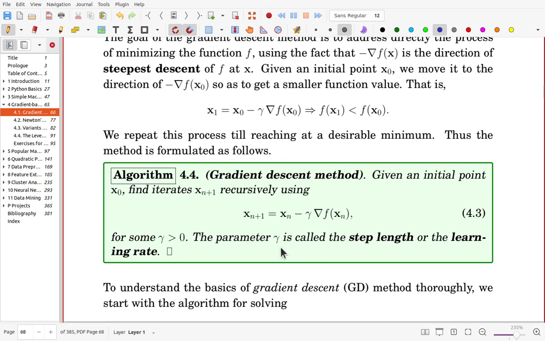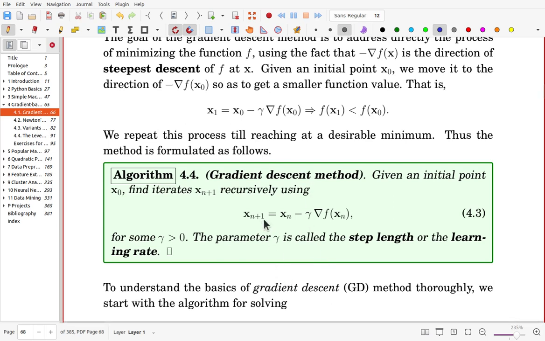Here, the positive parameter gamma is called the step length or the learning rate. In practice, gamma must be chosen small. If you choose it carelessly, then often the gradient descent method blows up.